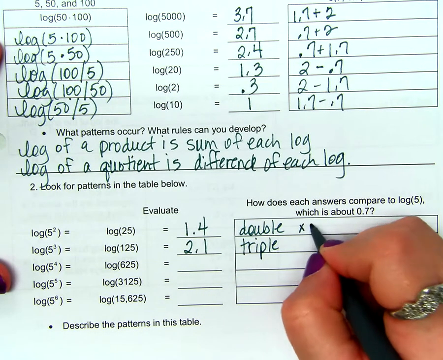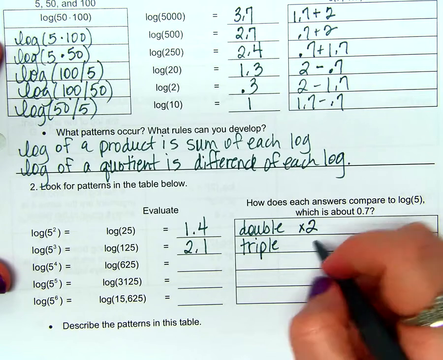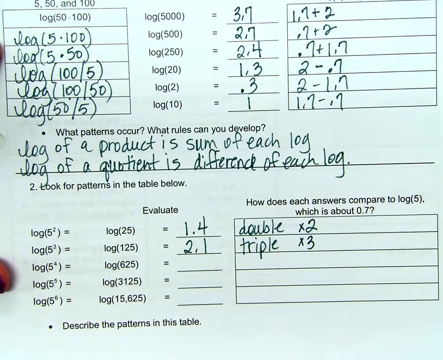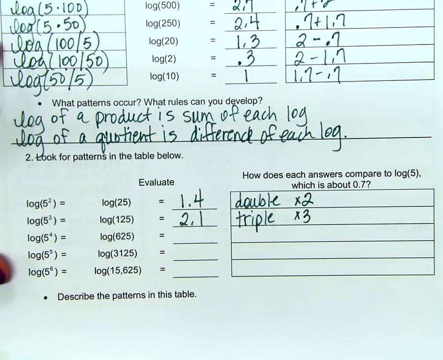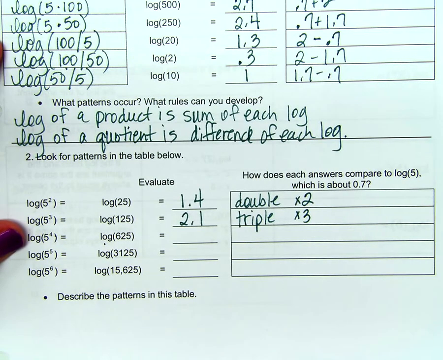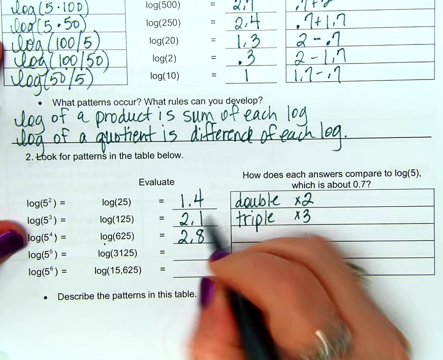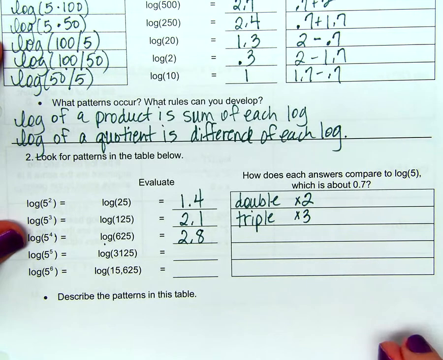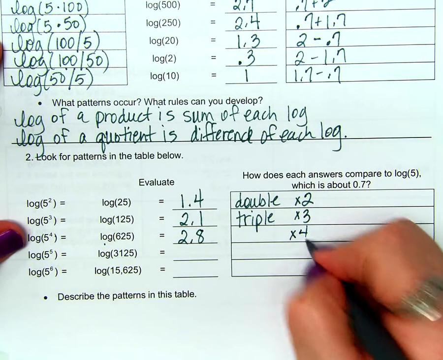So for double, couldn't we say that it's times 2? Or times 3 for triple? Okay. What about the log of 625, which is 5 to the fourth? 2.8. How does that compare to 0.7? So times 4.